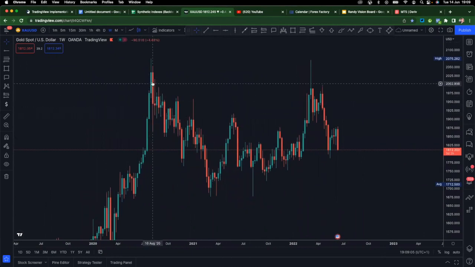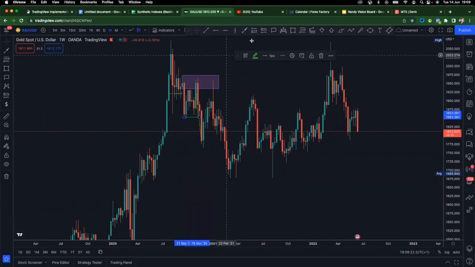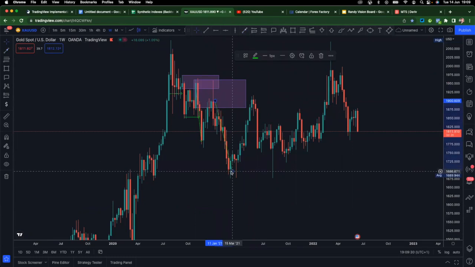Bam, we had a break of structure. This is the monthly time frame. Break of structure, candle responsible for the break, market drops. So it's the same thing over and over again. Break of structure, candle responsible for the break, mitigation, drop.